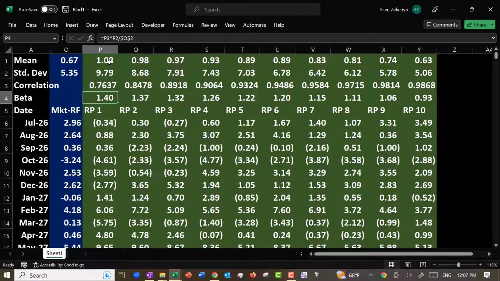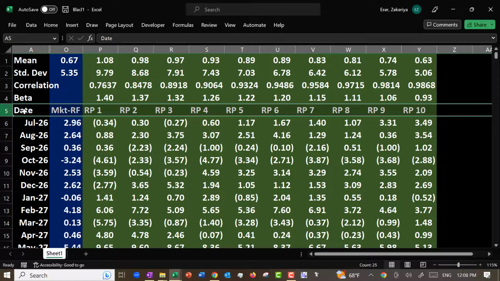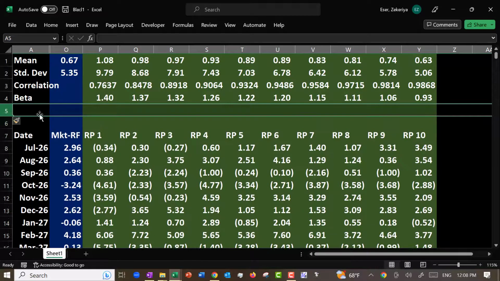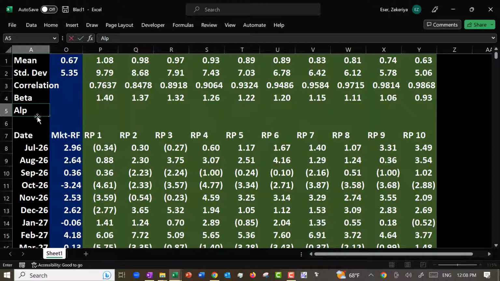Second thing we're going to look at, I'm going to insert one more. Alpha. You can spell it in different ways. The mean of the dependent variable minus beta times the mean of the independent variable.